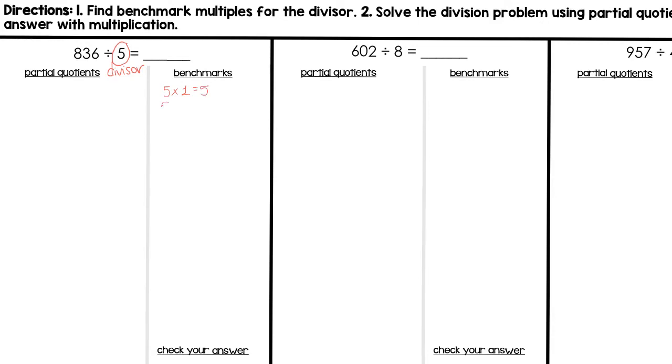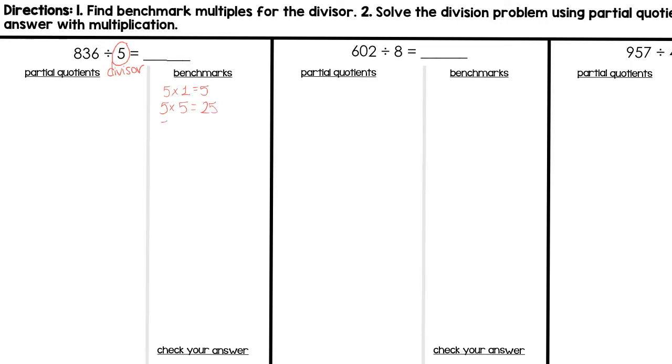Then we'll say, all right, besides 5 times 1, another easy, small number that I can multiply by is 5. 5 times 5: 5, 10, 15, 20, 25.